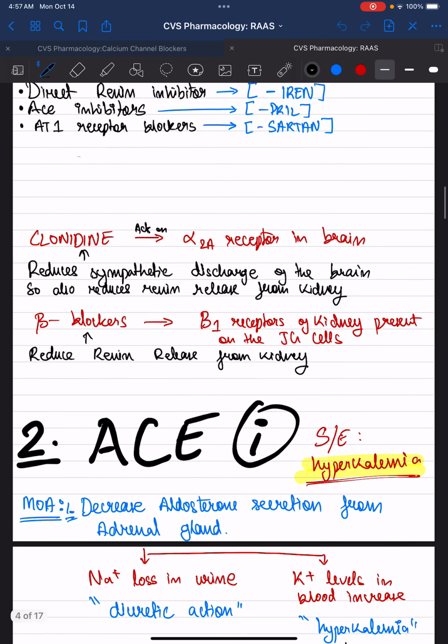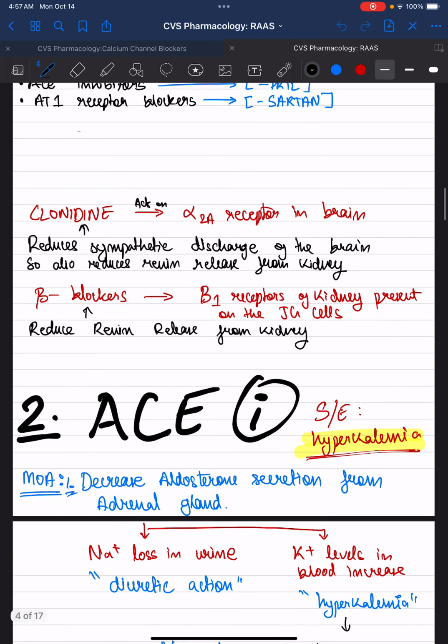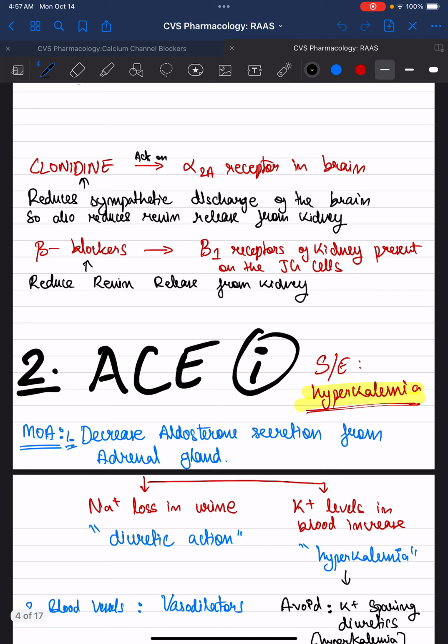Then there is also clonidine, which is an alpha 2A receptor agonist that acts on the alpha 2A receptor in the brain. What clonidine does is it reduces the sympathetic discharge of the brain, so it also reduces renin release from the kidney.